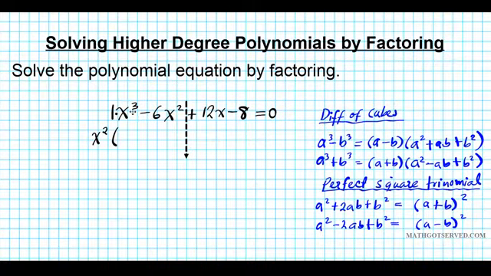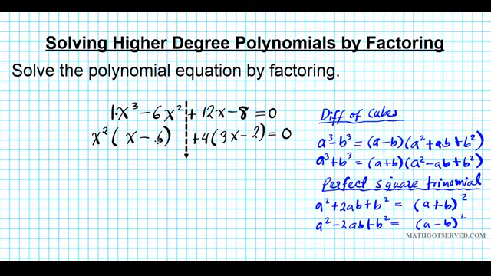So x to the third divided by x squared is x. 6x squared divided by x squared is 6. Now over here, the GCF is positive 4. If you factor that out, you have plus 4 times 12x divided by 4 is 3x, minus 8 divided by 4 is 2, equals 0.